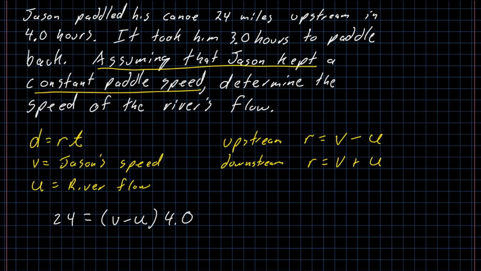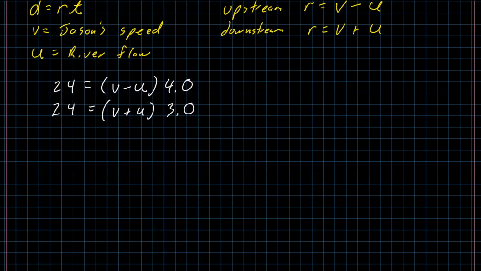Going downstream, our distance, well, is the same. He went back to where he started. So our distance is again 24. Our speed this time is v plus u, and our time in this case was 3.0 hours. And that is a system of 2 equations in 2 variables.